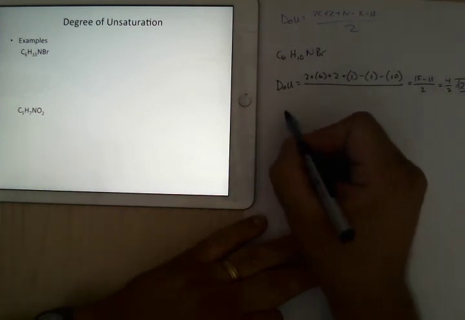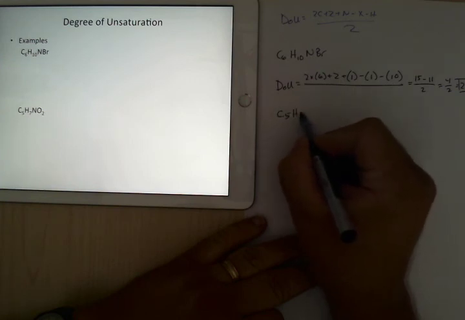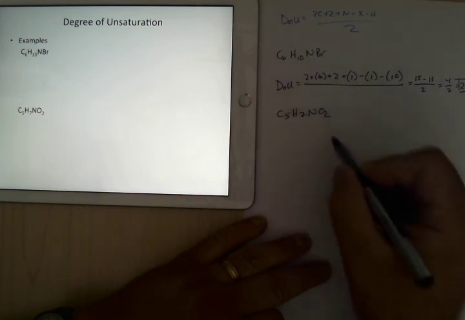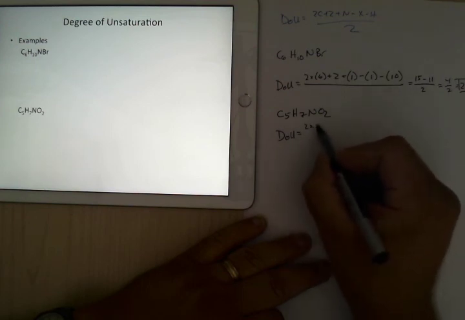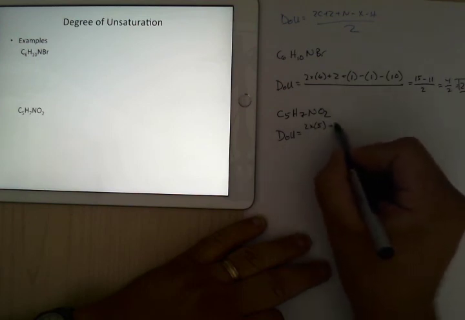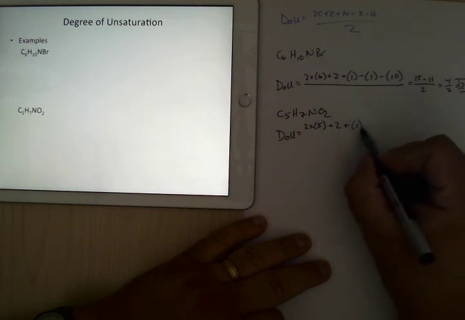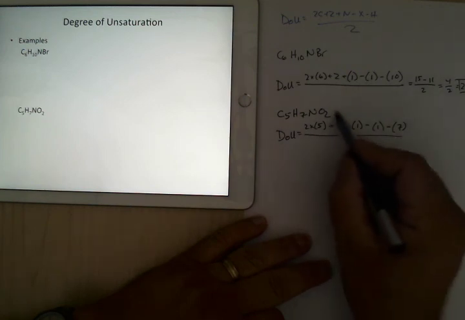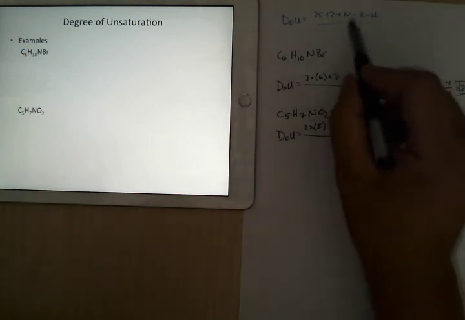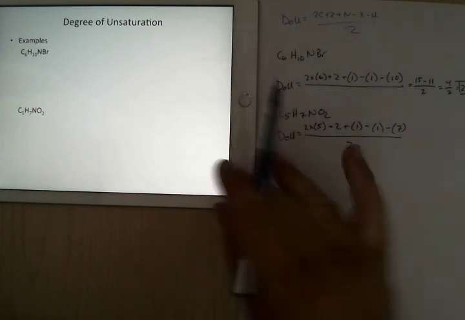Down here, C5H7NO2. DOU: 2 times the number of carbons, 5, plus 2, there's 1 nitrogen, no halides, minus 7 hydrogens. Notice I did not include the oxygens. The oxygen is not part of this equation, so don't put it in.